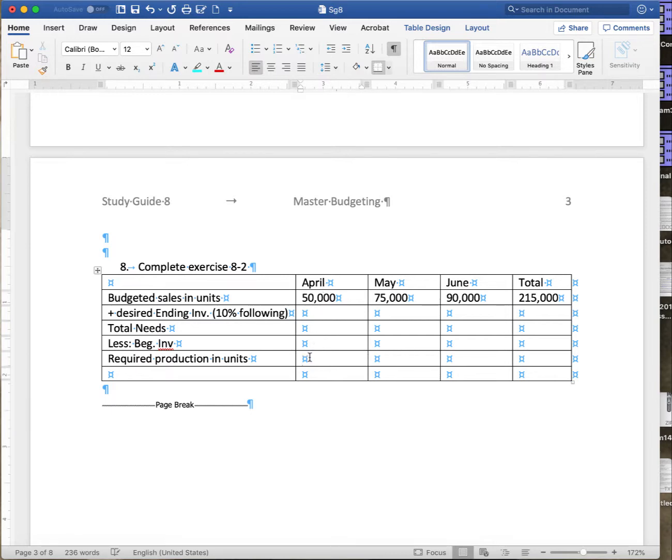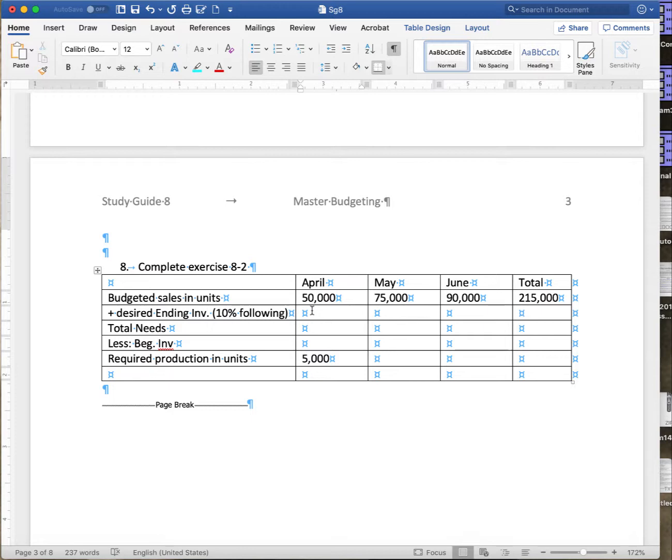We already know our beginning finished goods balance in April is 5,000. Okay? We know that in April we have to produce 50,000 because that's what we're going to sell. We have to produce at least 50,000.